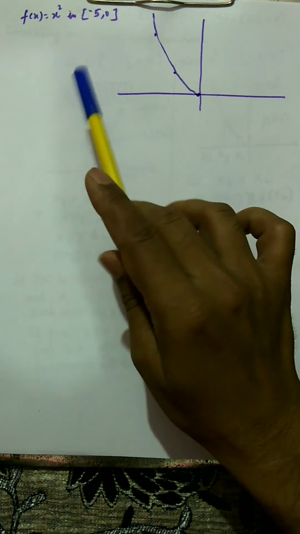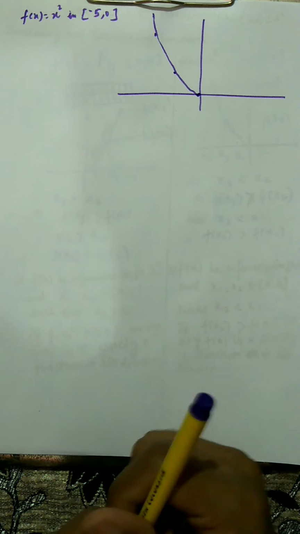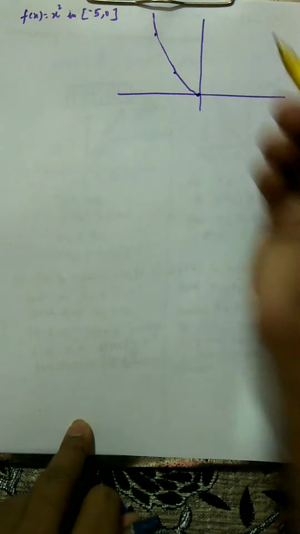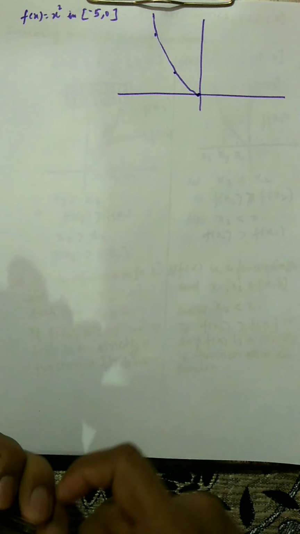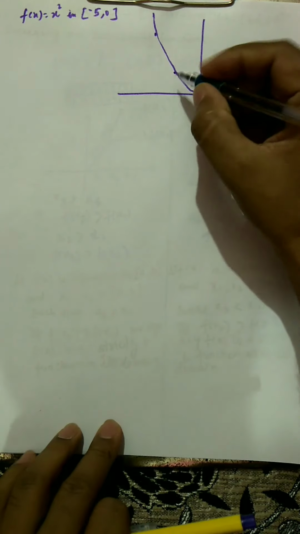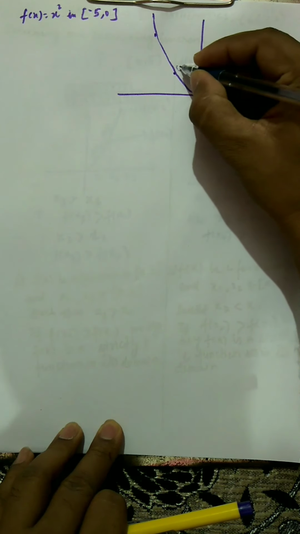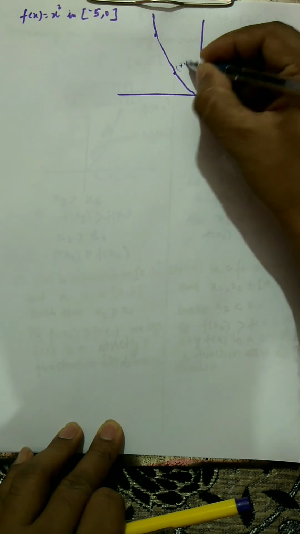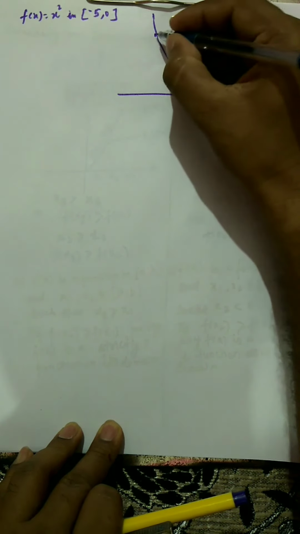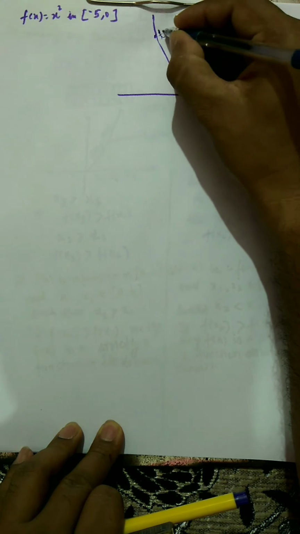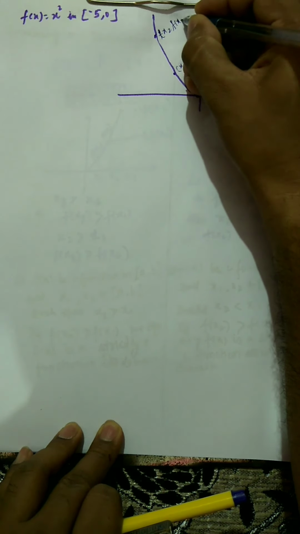Now this is the same function, f(x) equals x square minus 5, with this domain. Now if I take any point randomly, let's say this is the point x1, f(x1), and this is x2, f(x2).